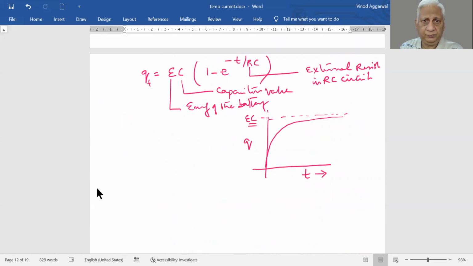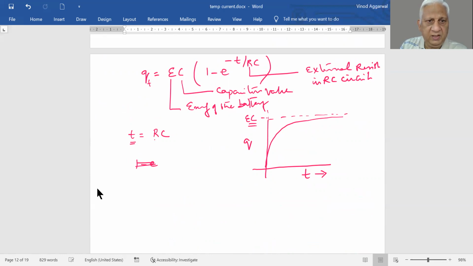Now, the time t, which is equal to RC, is sometimes also called tau. Okay, let's not confuse it.